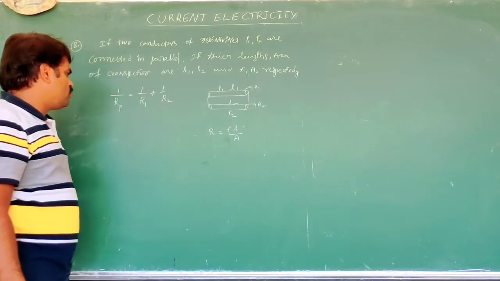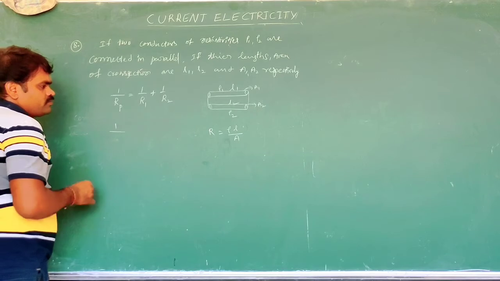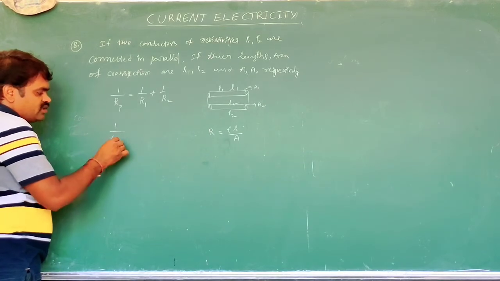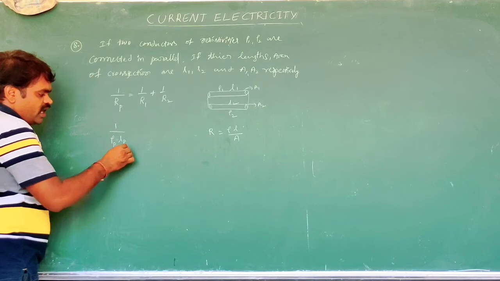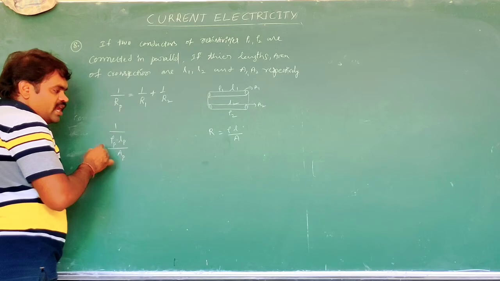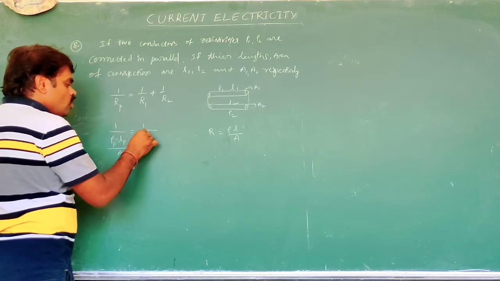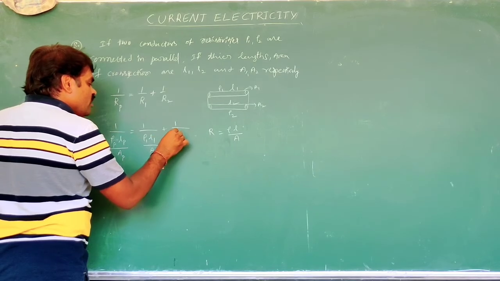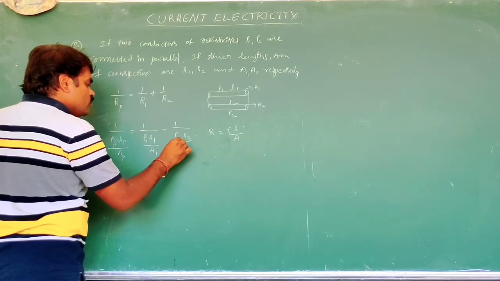Now by using this formula we substitute: 1 by rho P LP by AP, where P belongs to the parallel combination, is equal to 1 by rho 1 L1 by A1 plus 1 by rho 2 L2 by A2.